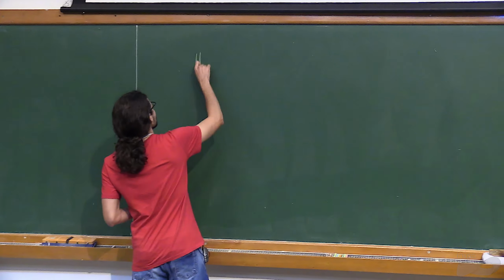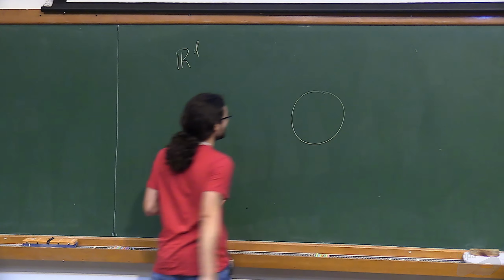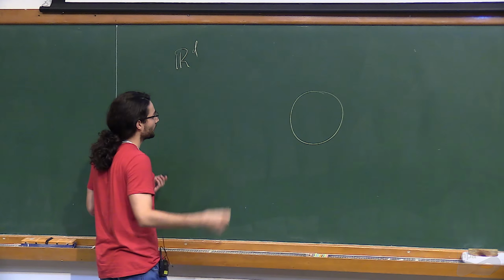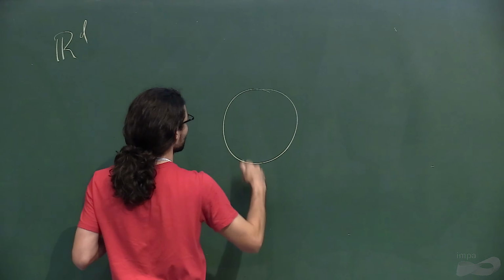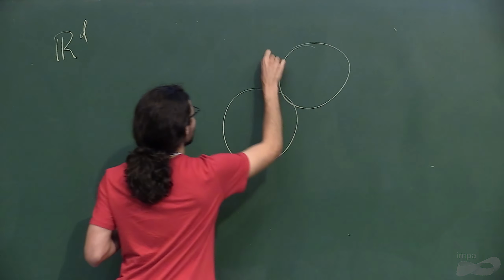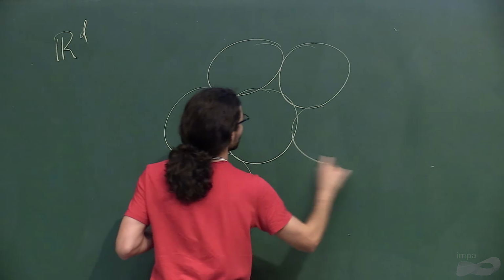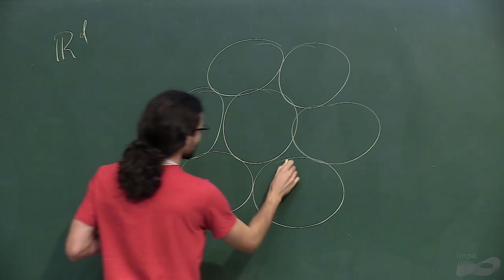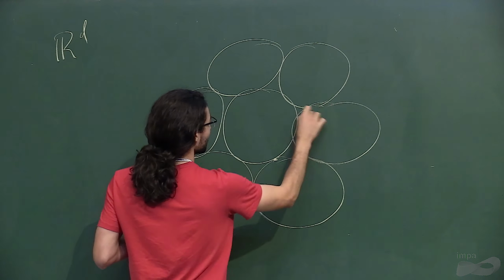So you have your space R^d, and you fix a unit ball, a central one, and you want to compute how many congruent balls you can put touching the central one. For instance, in R^2, you can have the following. They must touch the central one, and they cannot intersect.